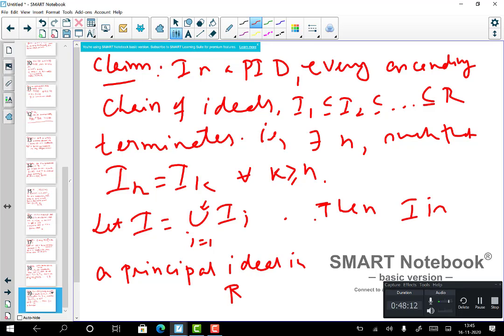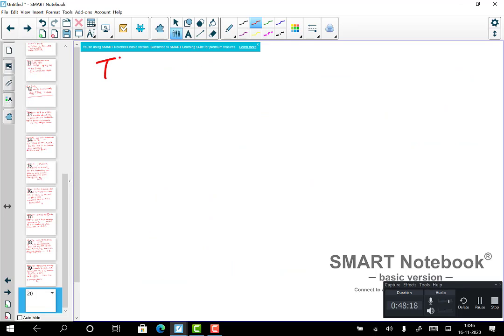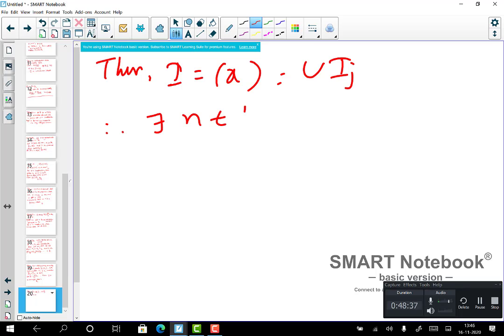Because R is a principal ideal domain, so I is also a principal ideal. So that means I is generated by a single element, say X, right? And this is also the union of the Ij's. So there exists some n, a natural number, such that X is an element of In, right?